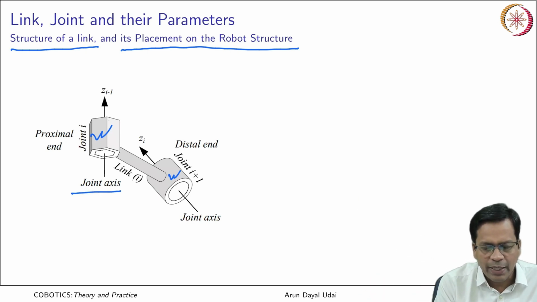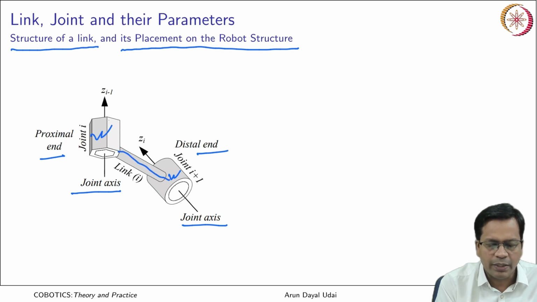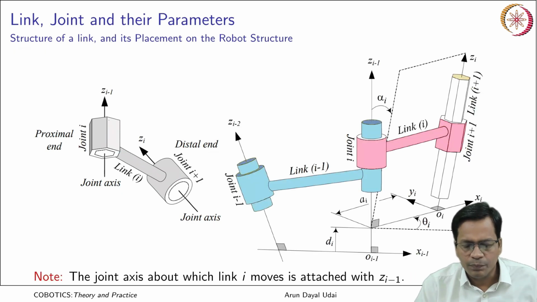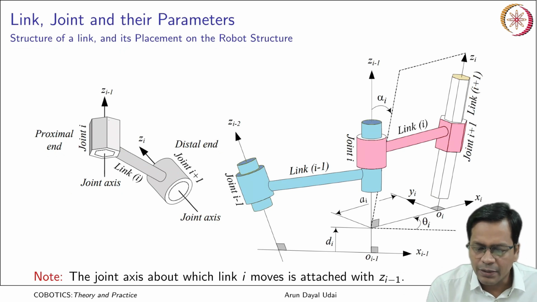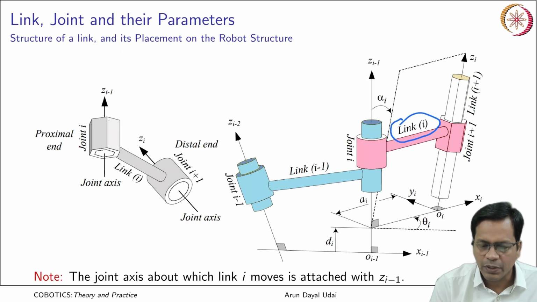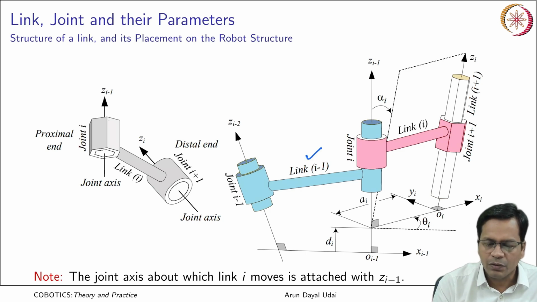There is a joint axis here, and there is a joint axis here. The first one is known as the proximal end, the other is known as the distal end, and this is your link. In this figure, we call it link I, and prior to that you have link I minus 1. This is your serial chain structure.